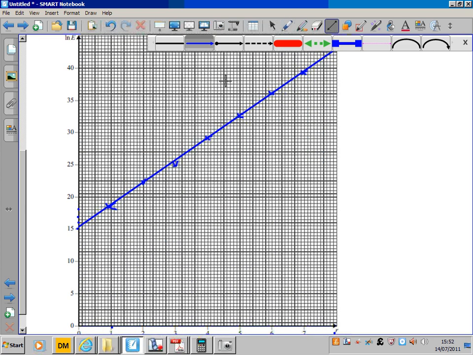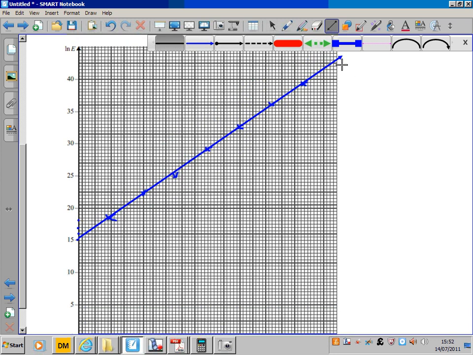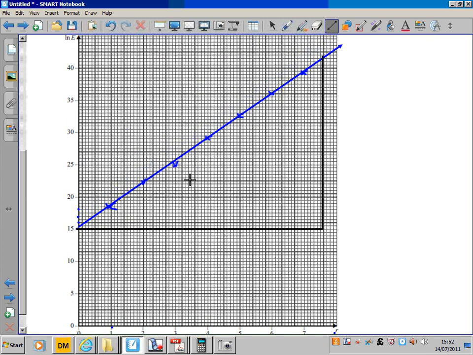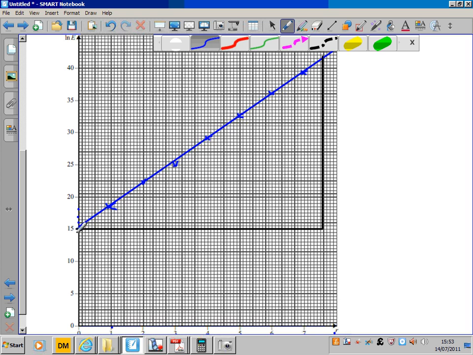To find a gradient, I need to draw myself a little triangle in. So I'll do that as large as I can, maybe trying to go through convenient points, but sometimes it's not always possible. So I'll just go perhaps from here and then across, like that. And I need to work out what the distance up is and what the distance across is. So I reckon I've done a distance across there of, well, that's 0 and then 7.1, 2, 3, 4, 5, 6, so 7.6 across.